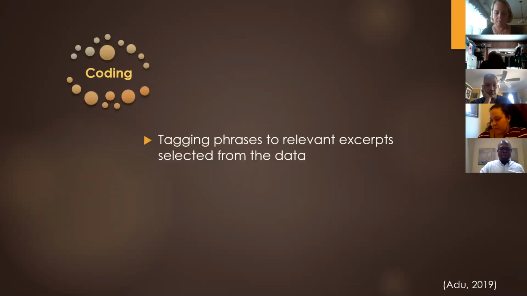So that's the process. So coding is all about tagging or labeling significant information you have identified from the literature, or not the literature, but say the data that you have. So you go to your data, you identify significant information, and you develop a phrase.